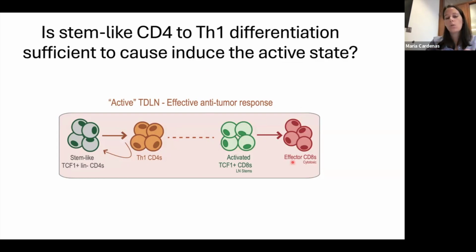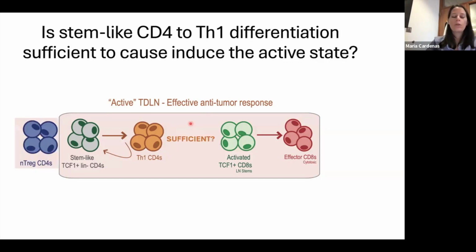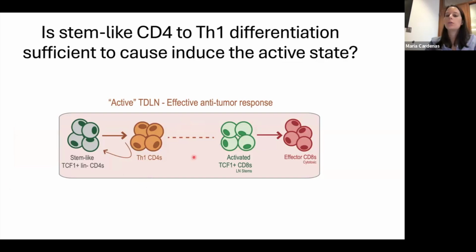And so we wanted to address what help was actually required or sufficient to really overtake that restricted program. So we first said, if we put Tregs back in the system, because all of this that I've just shown you is without Tregs in the system, right? It's Treg depleted.